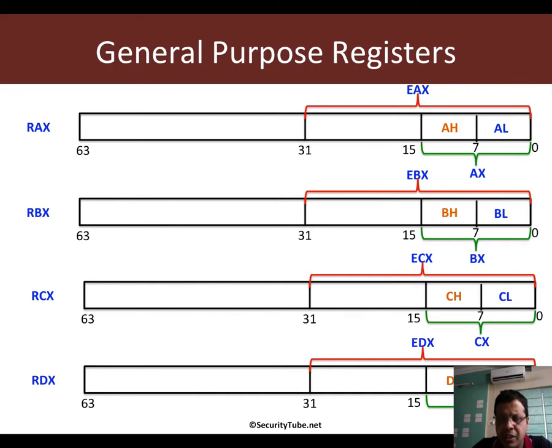Now there are different types of registers. You have general purpose, and after that, depending on your processor, you can have the FPU, you can have MMX, SSE, and a bunch of other things out there. Right now, we will restrict our discussion to the general purpose registers, and at an appropriate stage, when we start looking at writing shell code with FPU instructions and all of that, we will look at other forms of registers.